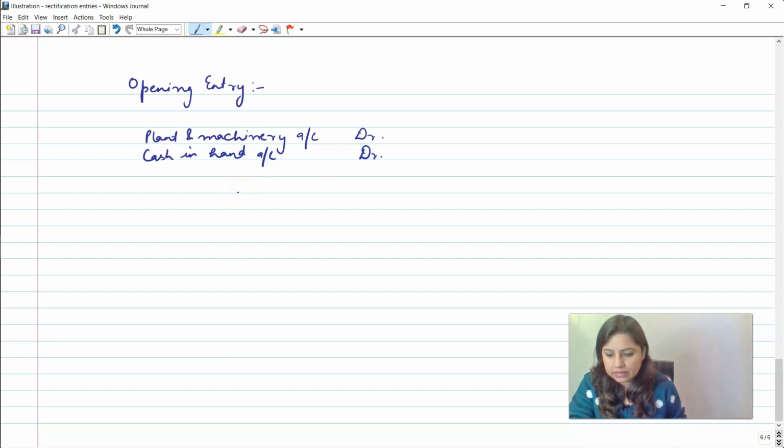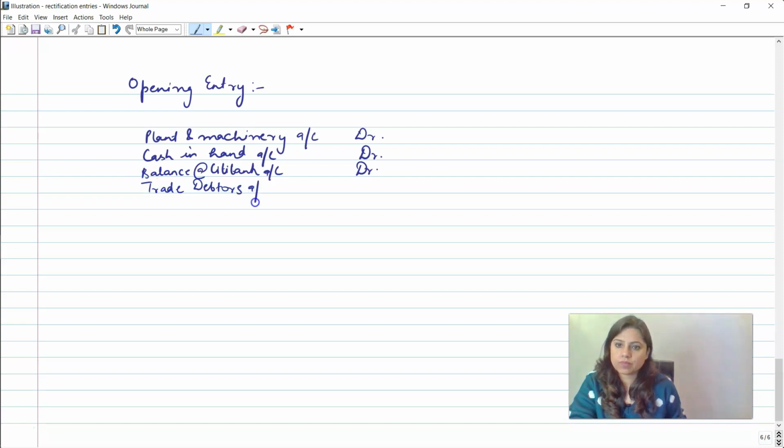Then we have the bank account, balance at Citibank, debit. Then we have the trade debtors account, debit.